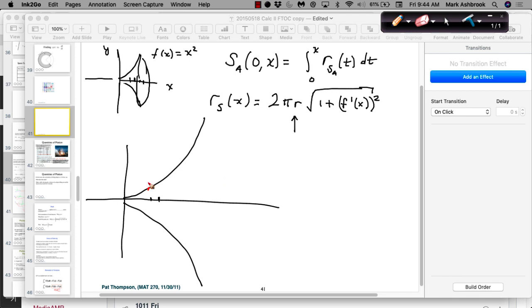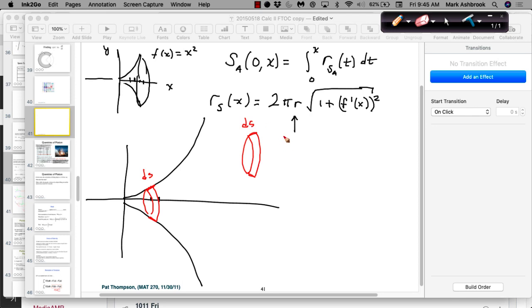We are accumulating surface area according to these little ds segments. ds starts tangent to the curve at the beginning of the interval, and that little ds gets rotated around x just like the curve did. So it looks like this, and that's our little ds right there.